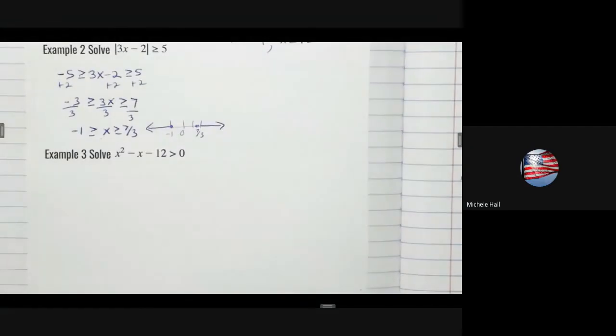This interval needs to be written in two sections. I can't just write it in one section. It's not going in the same direction.